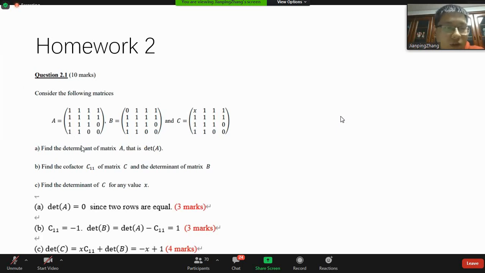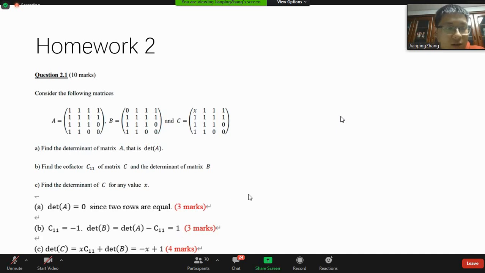So the determinant of B can be obtained from the determinant of A, subtracting the A11 value multiplied by the cofactor of A, and the cofactor of A is exactly the cofactor of C. So the determinant of B is the determinant of A minus C11, so it's 1.